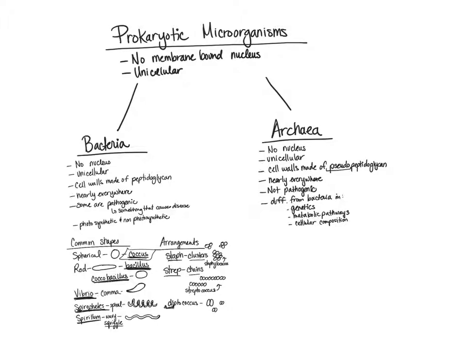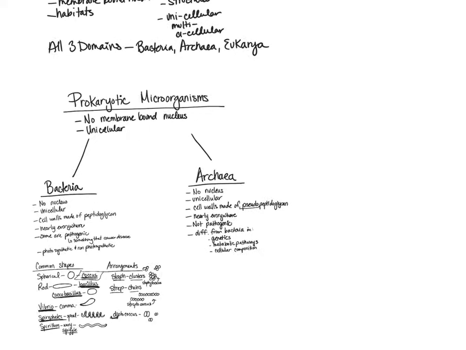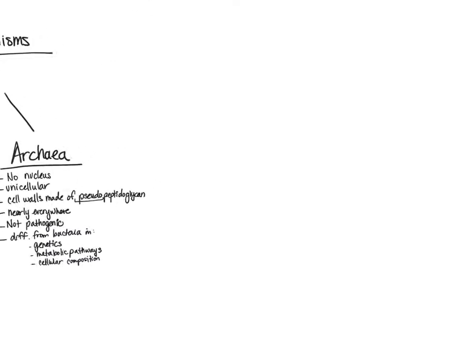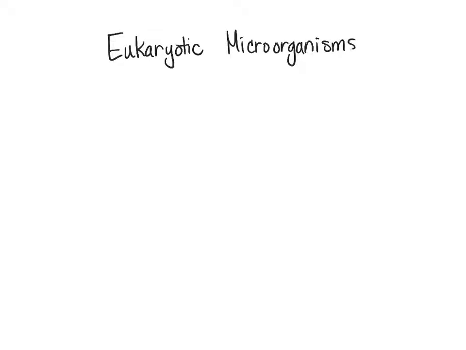So moving back up to seeing our prokaryotic microorganisms classification, now what we're going to do is we're going to move over and we are going to talk about our eukaryotic microorganisms. All right, so eukaryotic microorganisms. Recall that eukaryotic means that there is a membrane-bound nucleus.